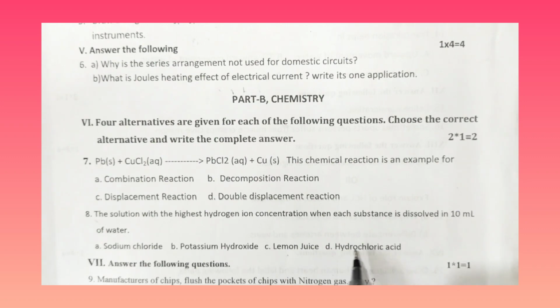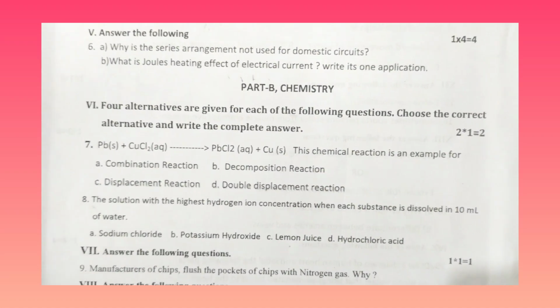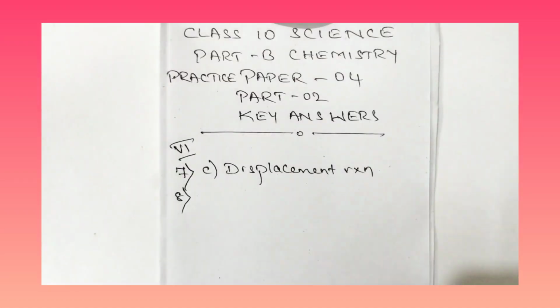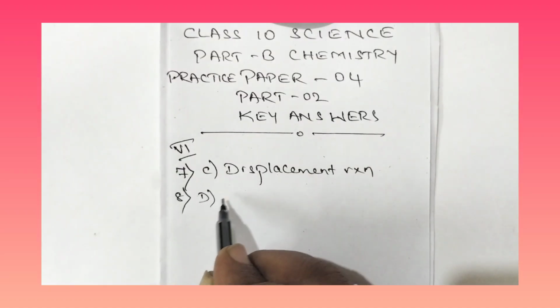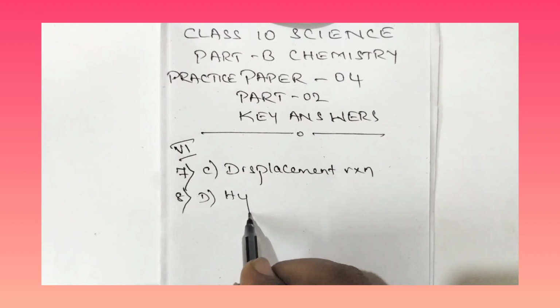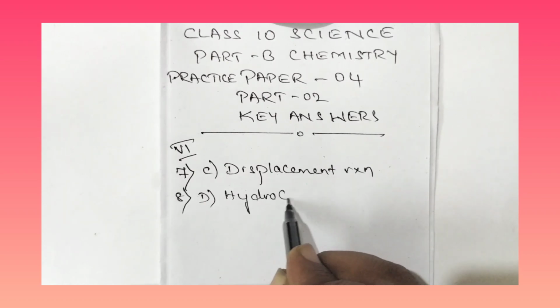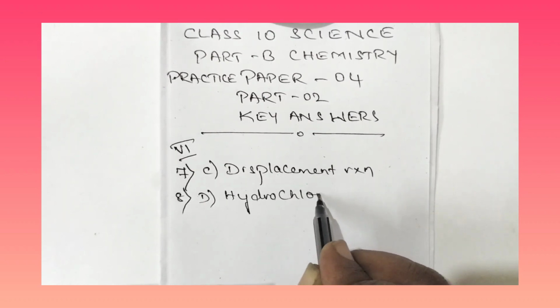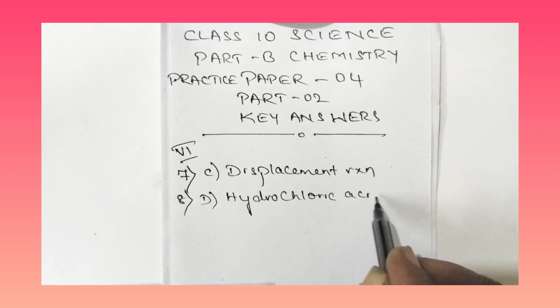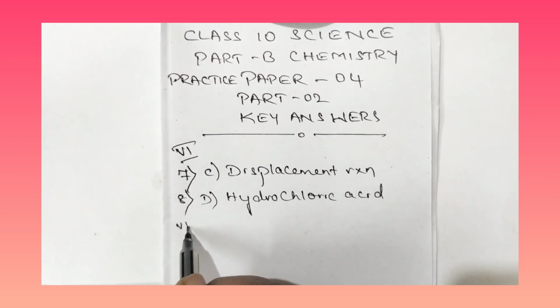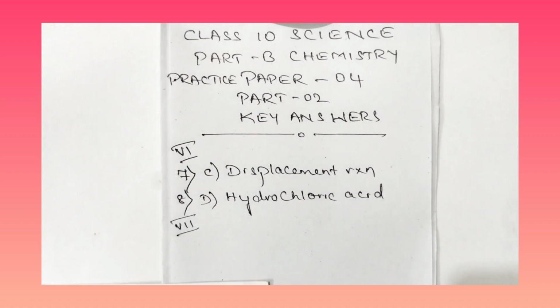That is HCl, because it is a strong acid. So for 8th question, option D is the right answer, that is hydrochloric acid.